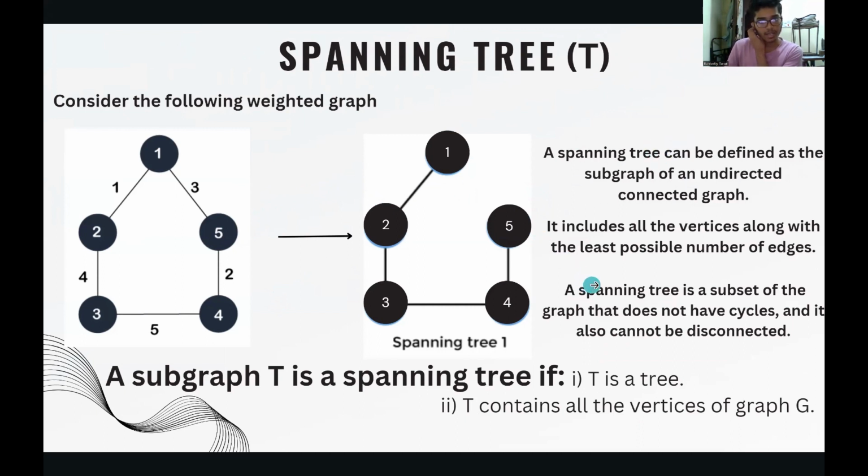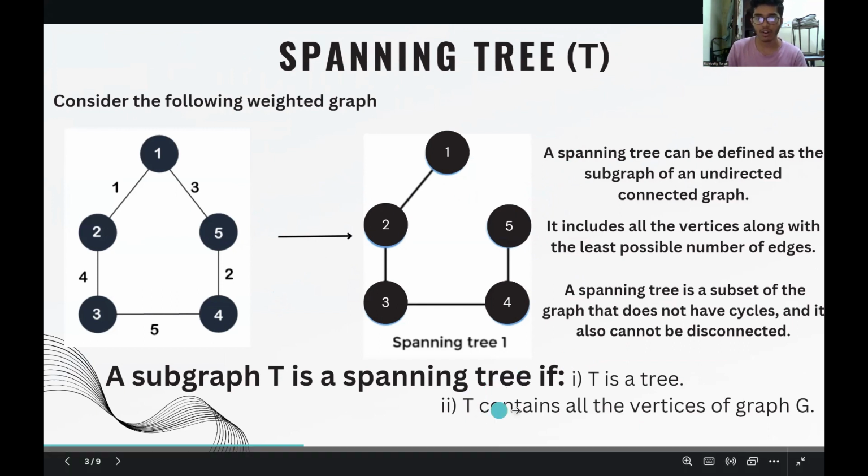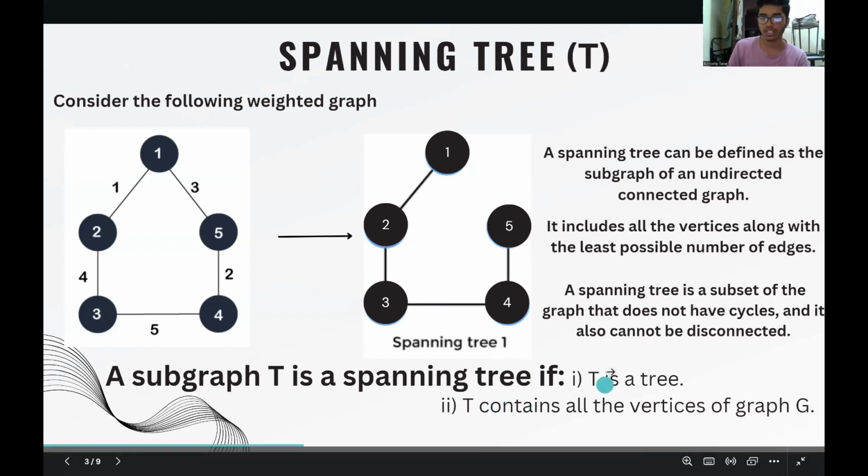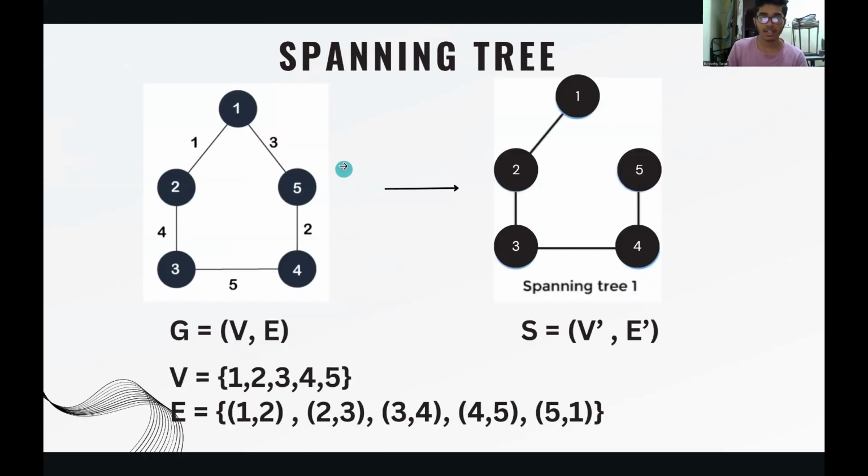And then I have explained the rules that have to be followed by a subgraph that needs to be a spanning tree. These are the 2 rules. T should be a tree, and T contains all the vertices of a graph G. And then I have taken an example and explained how many vertices and how many edges a spanning tree should have.